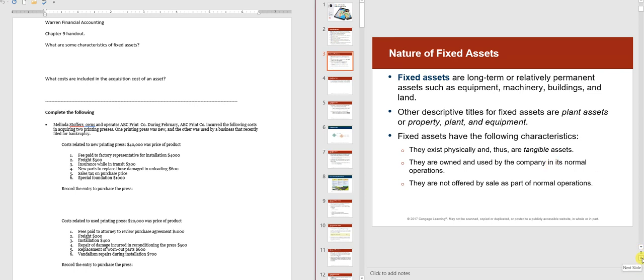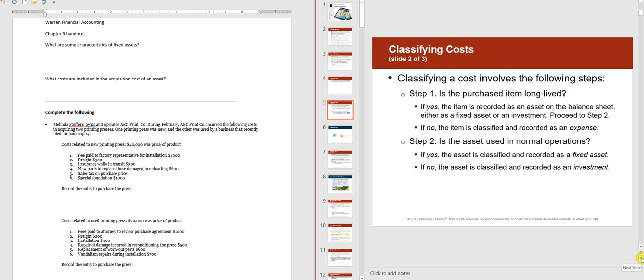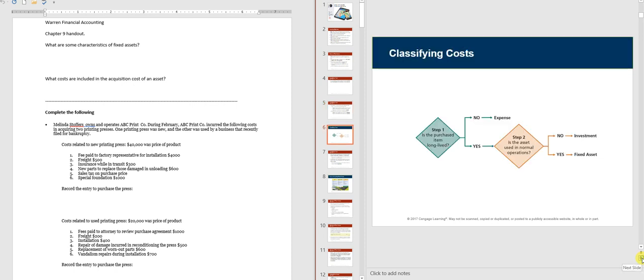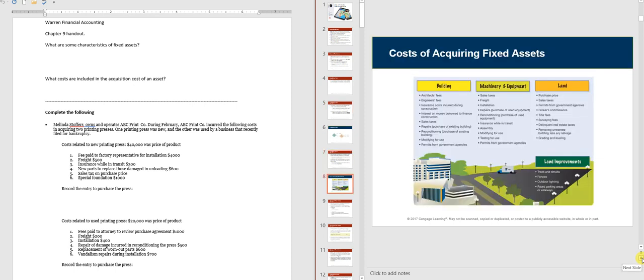The next one: any cost to get the asset ready for its intended use is added to the cost of the asset. So think about a building. Before I use it for the first time, I add it to the cost of the asset.